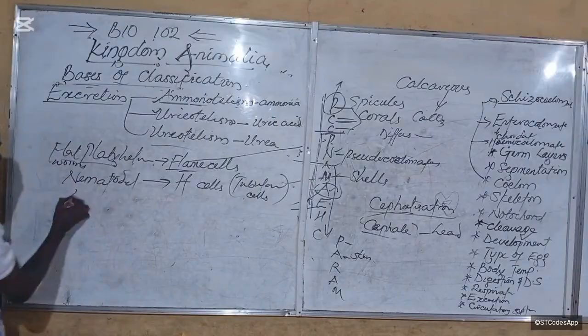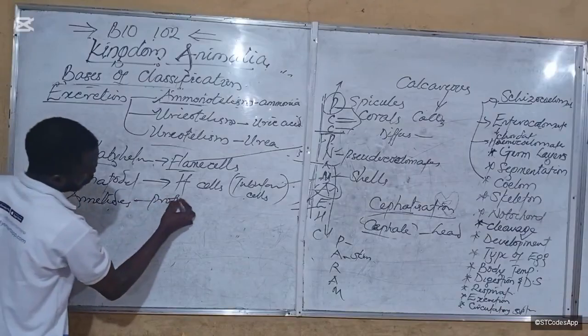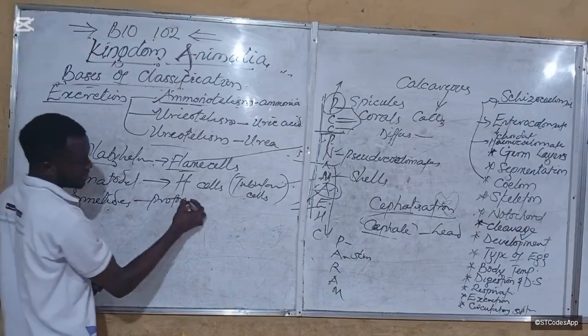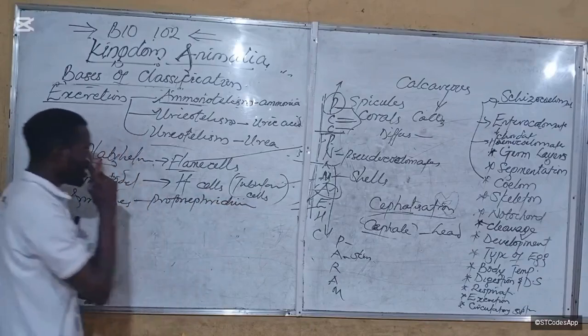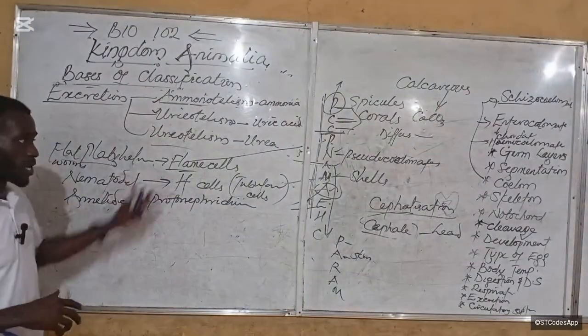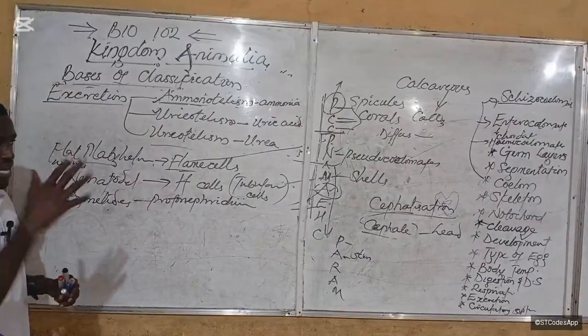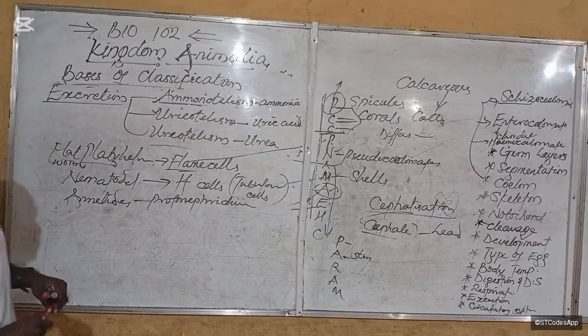Then we have annelids. Annelids excrete by proto or early or primitive nephridium. Now, this flame cell is actually like a nephridia too, but we call them flame cells because of their motion. I will link the video in the description where I talked about excretion.